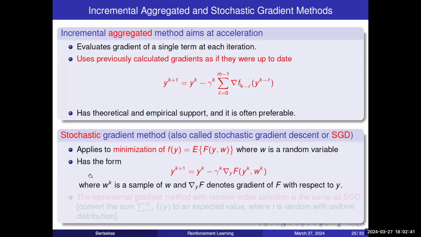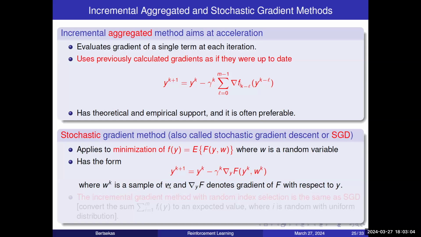And in this context, the algorithm has this form: starting from yk, it computes the gradient of F corresponding to a particular random variable value.